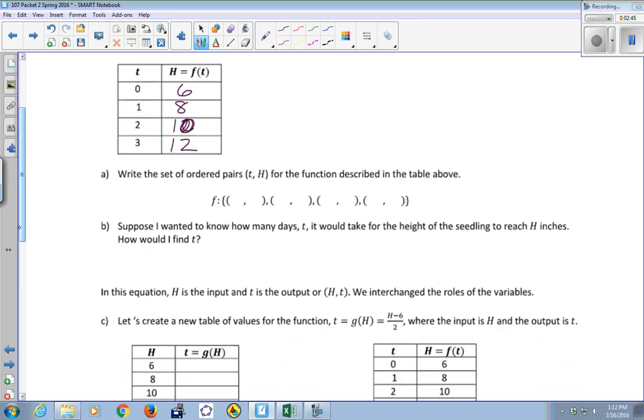So when you look at a table of values like that, like an XY chart or a TH chart, those are just ordered pairs. Those are points, t comma h. So I've got 0, 6, 1, 8, 2, 10, and 3, 12. So suppose I wanted to know how many days t it would take for the height of the seedling to reach h inches. How would I find t?